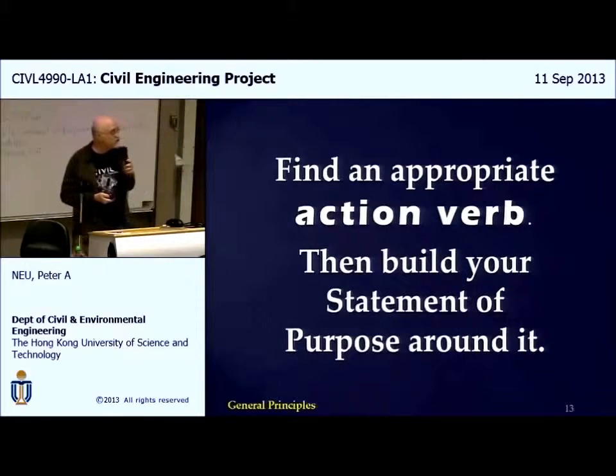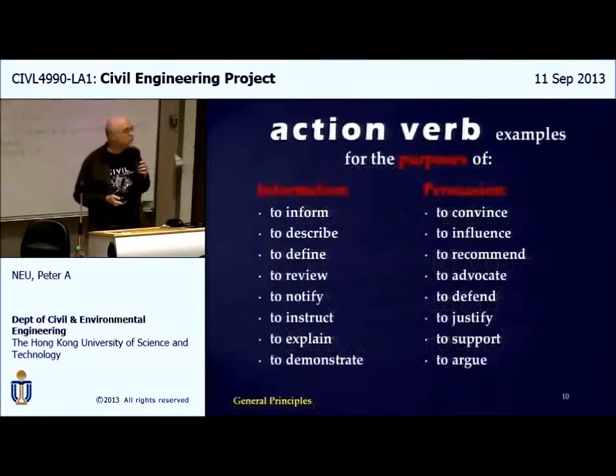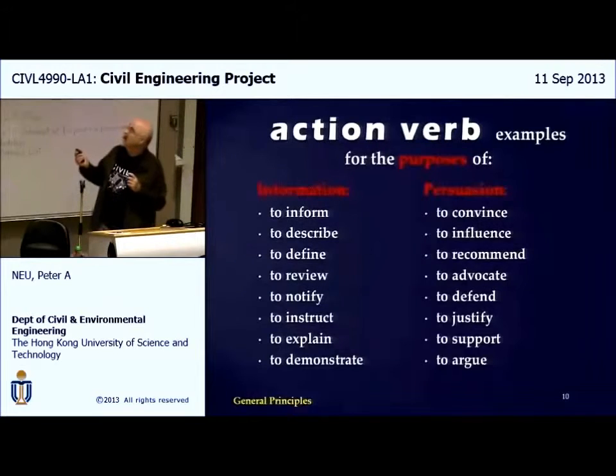You can build your statement of purpose around the action verb. Here are some examples of action verbs for statements of purpose. For information, you have to inform. And then for persuasion, and you are doing persuasion to some degree.